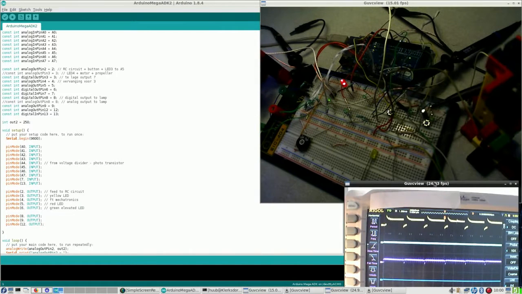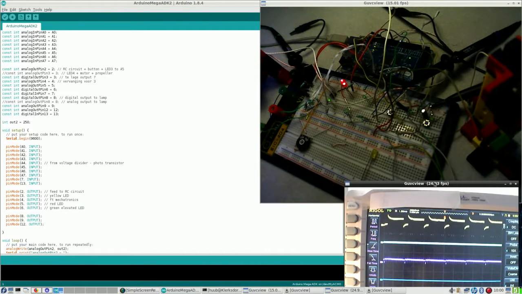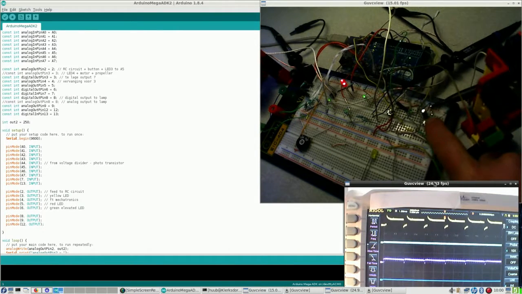Another thing I want to point out is with the RC circuit right here and this signal on the oscilloscope. It's from this probe, so it's measuring after this switch, after this button.